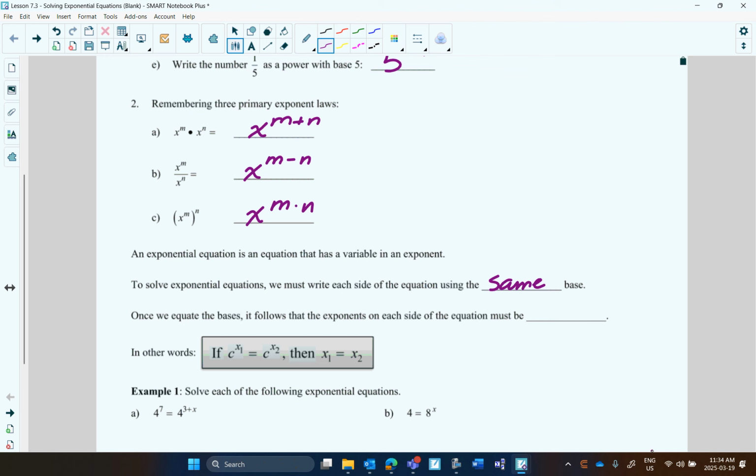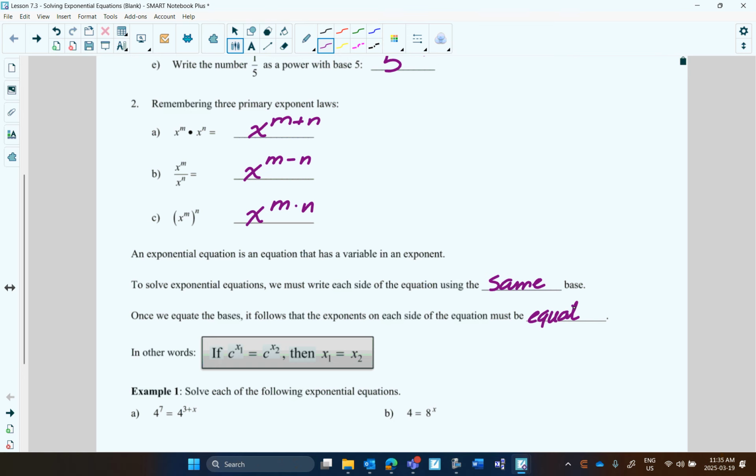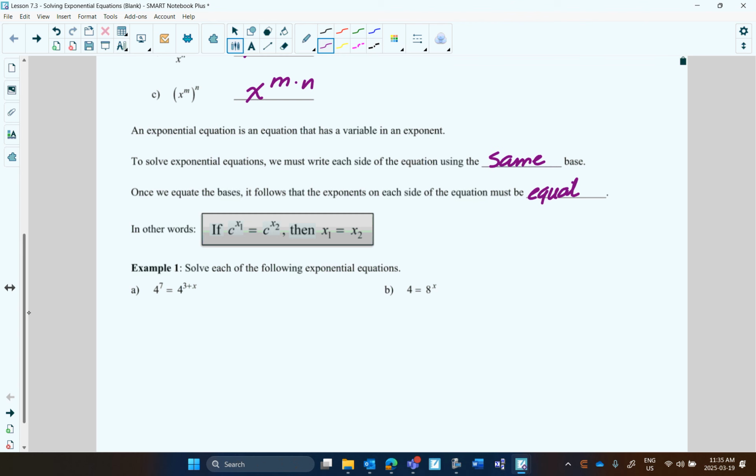The exponents on each side of the equation must be equal. So if you can make the bases the same, you just cross out the bases and solve what's left.